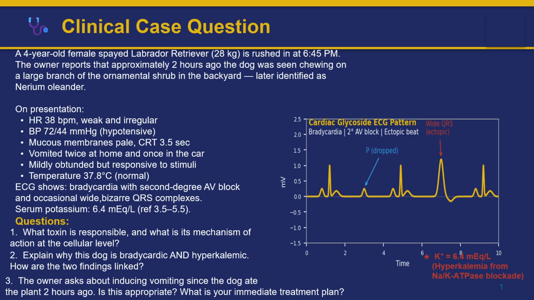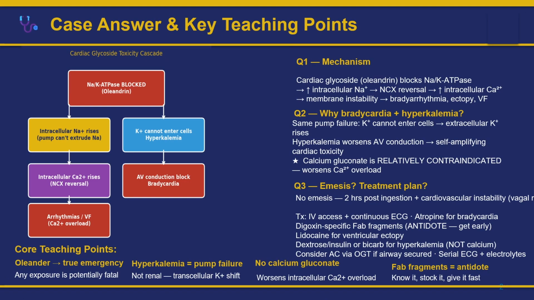Digoxin FAB is the specific antidote. Know it exists and know to get it fast. This case illustrates why ECG monitoring is non-negotiable in cardiovascular toxicosis. This slide is for your reference and reinforces the key learnings from our case study.